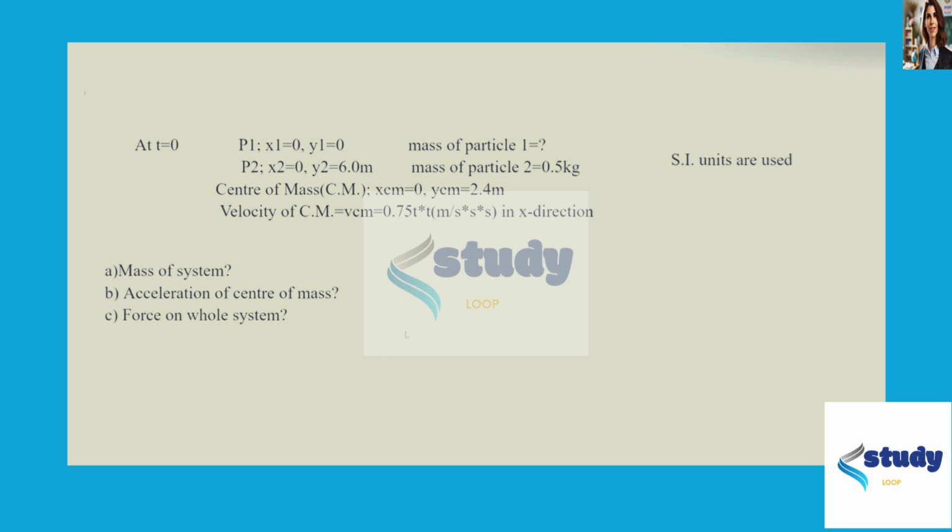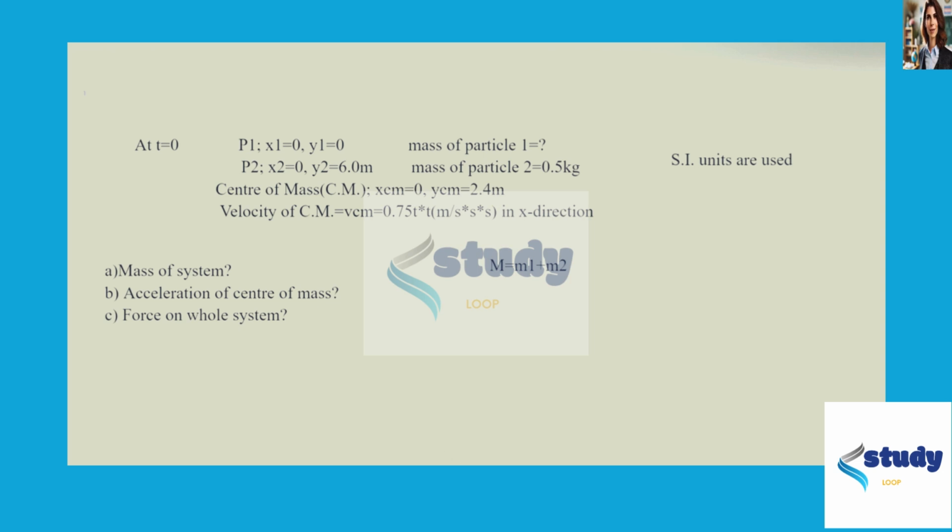So first, let us approach the first part. We need to find the mass of the whole system. So we have m, the total mass of the system, must be equal to m1, the mass of particle 1, plus the mass of particle 2.